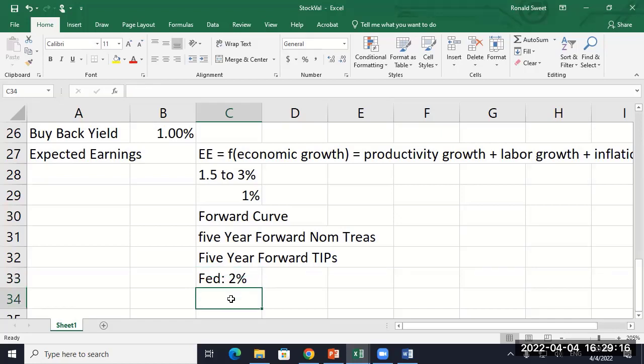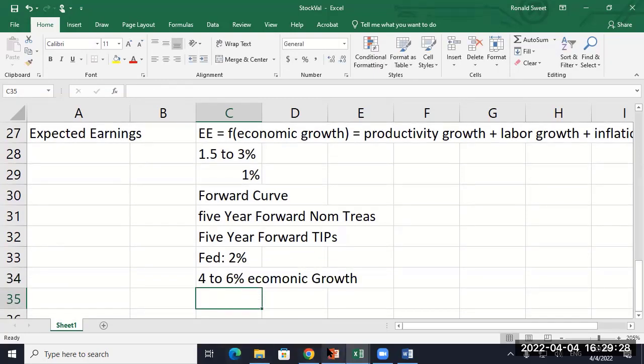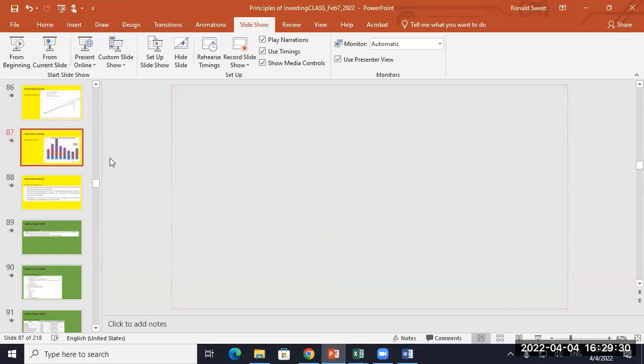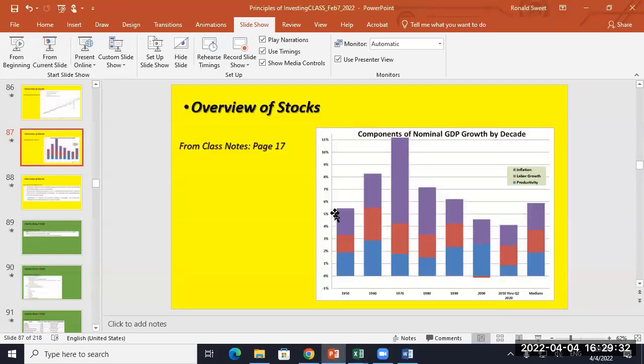So, you're talking something in the 4 to 6% economic growth. If you look back at our chart, our economy grew 11% in the 70s, but most of that was inflation.